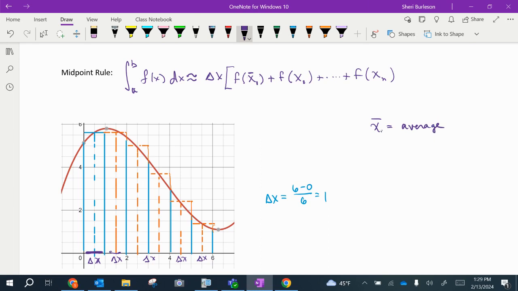So x bar 1 is my first average, or the average over the first interval. So I'm going to take x sub 1 plus x sub 0 and divide it by 2. That's how I get my midpoint. So all of these are going to be averages, the x bar.